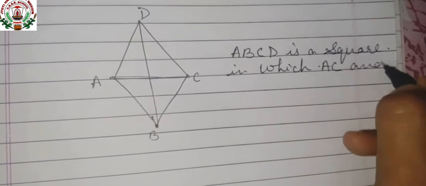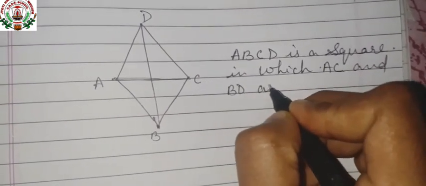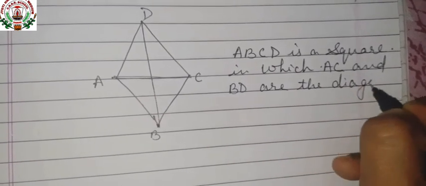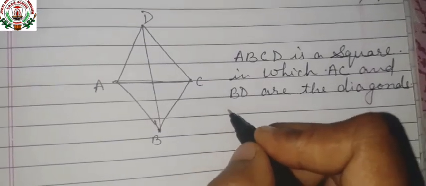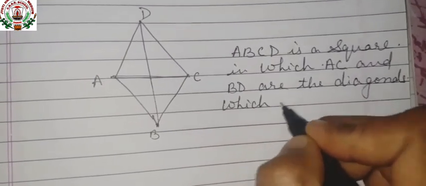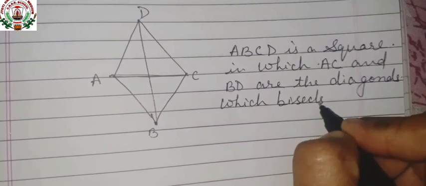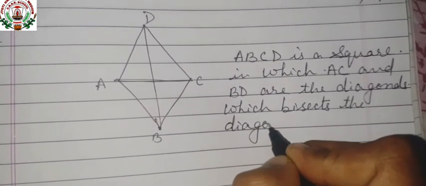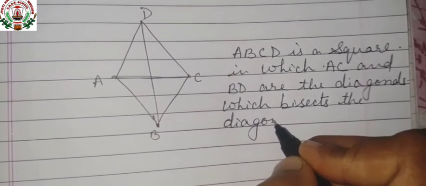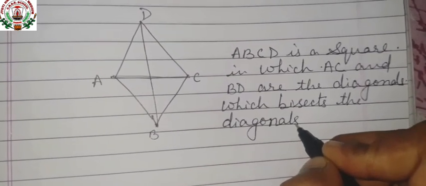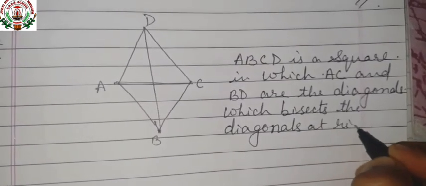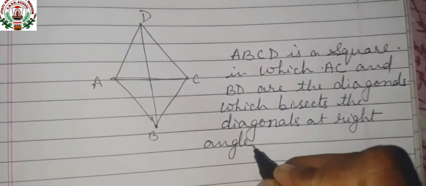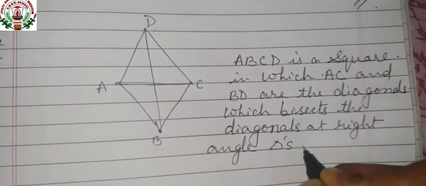AC and BD are the diagonals, which bisect each other at right angles.